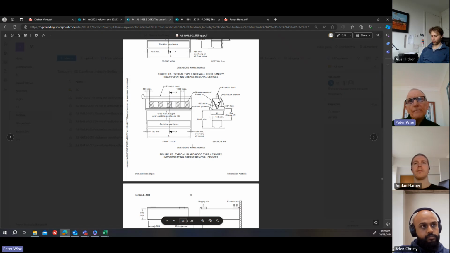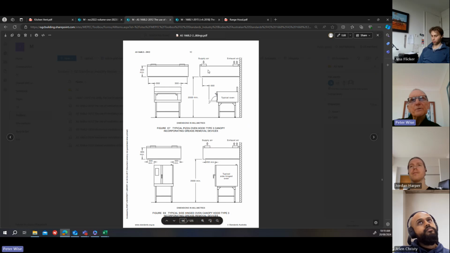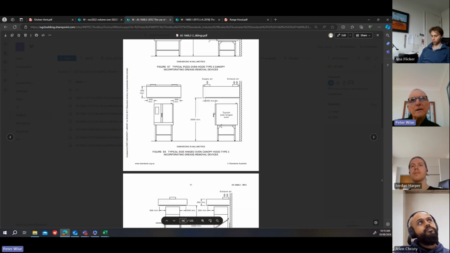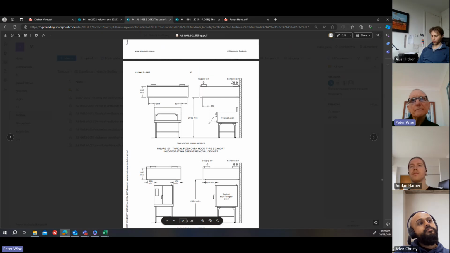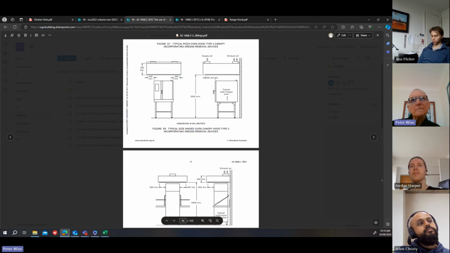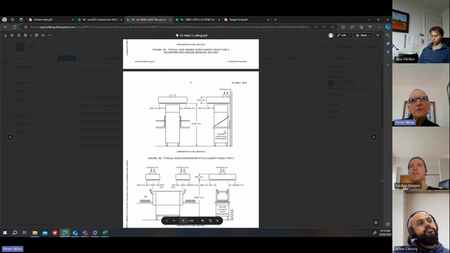That's why there's grease filters on both sides there to take out the grease as it's going through. And there's an oven, a typical type of hood for an oven. That's a pizza oven. Another oven, a pastry oven or something like that. Here's a typical dishwasher type hood, and so on. So there's various types.